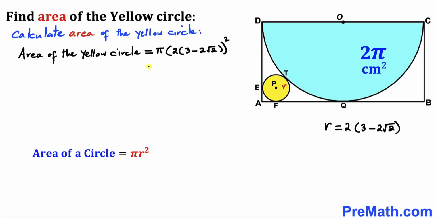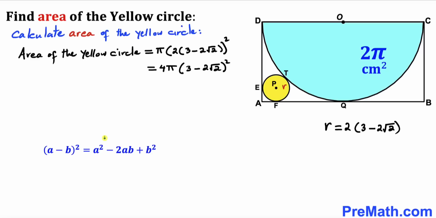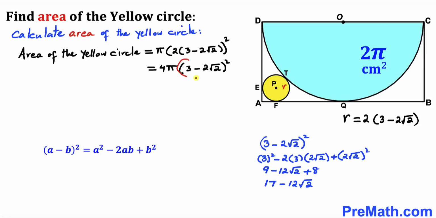So therefore this thing could be written as 4 pi times 3 minus 2 times square root of 2 whole square. Now let's recall this identity once again. A minus b whole square could be written as a square minus 2ab plus b square. I'm going to apply it on this part. And here I have copied down this whole thing right here.